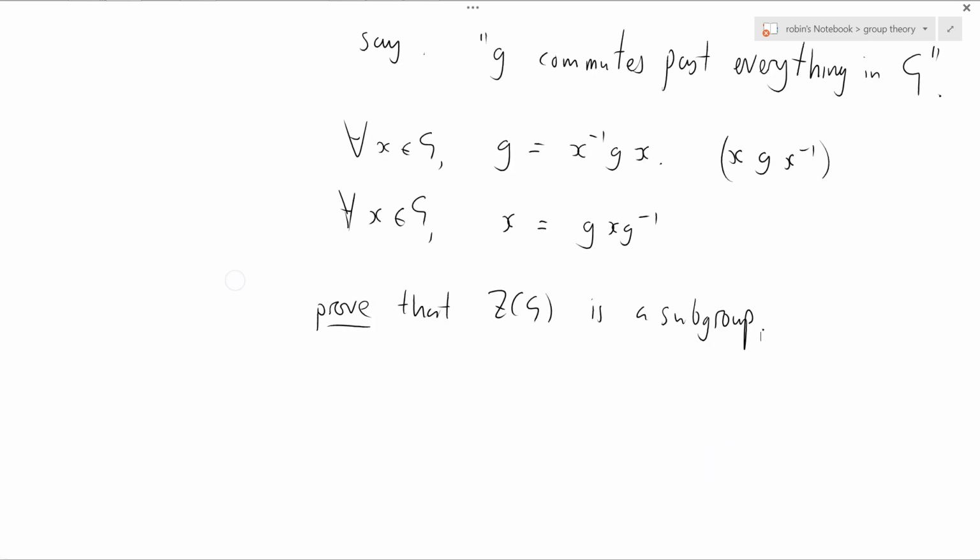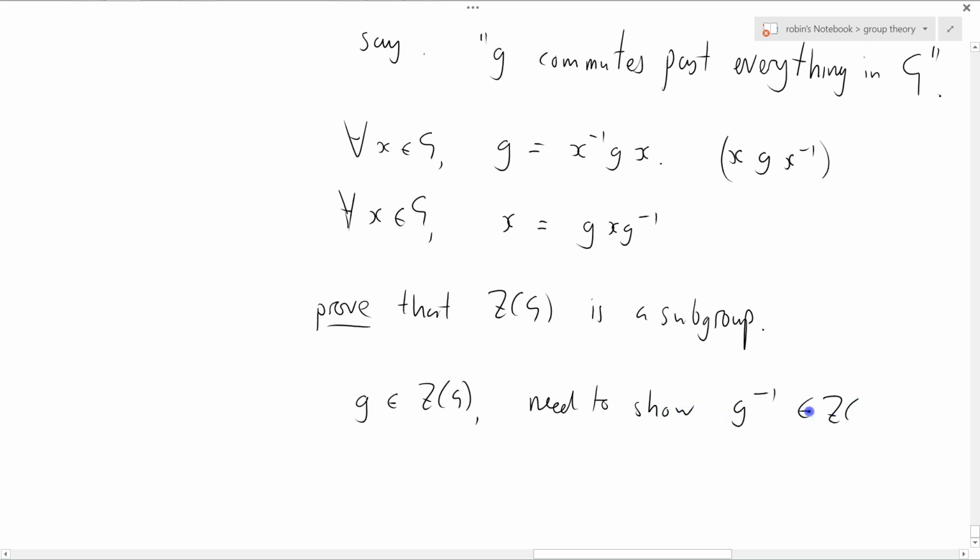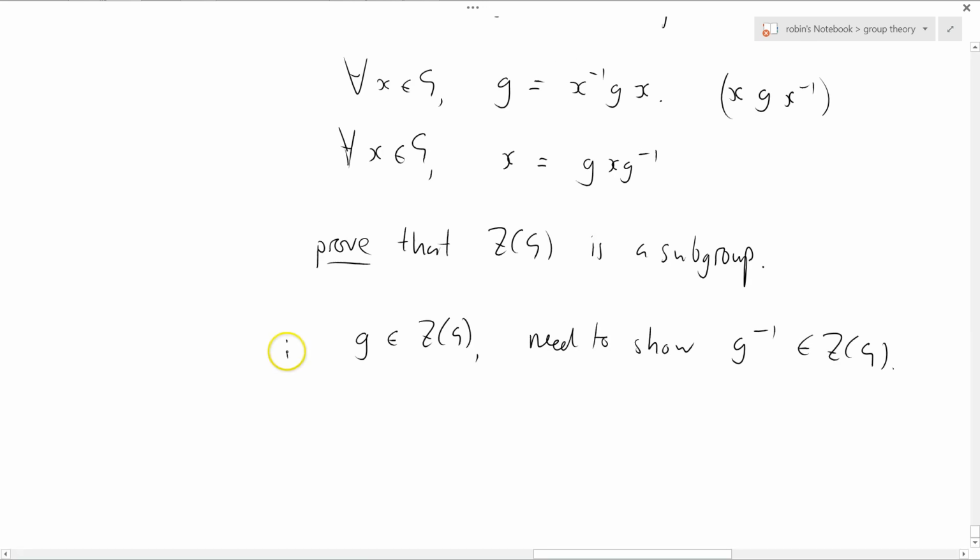How do we do that? Well, if g is in the center of the group, we need to show that g minus 1 is also in the center of the group. I guess that's the first thing we have to prove.